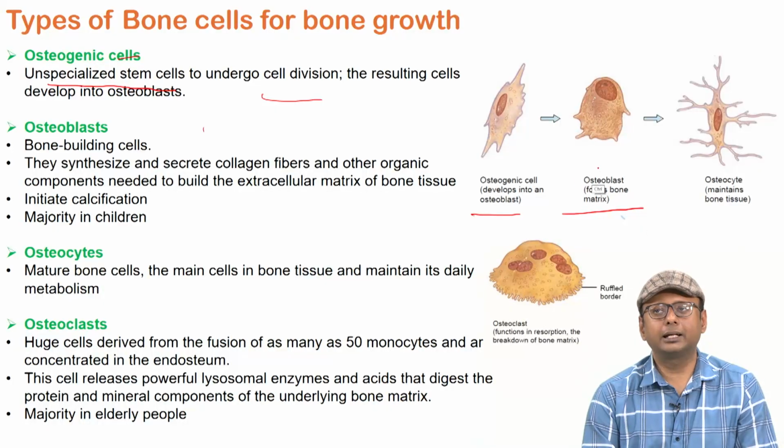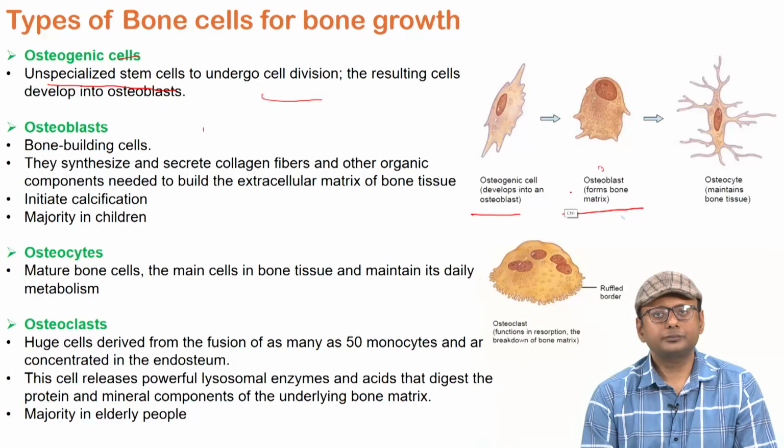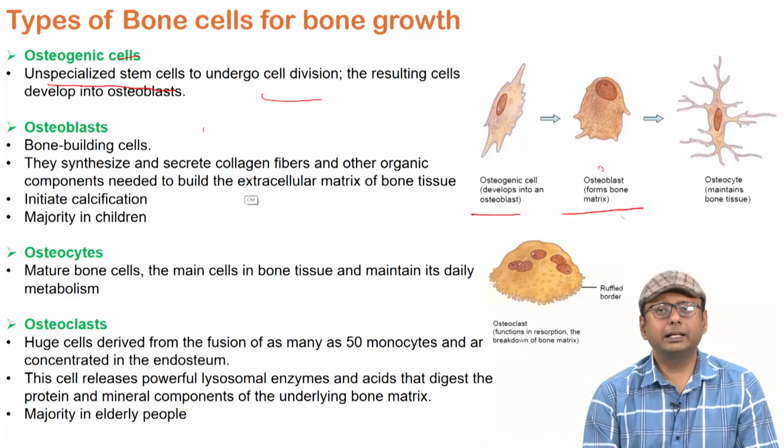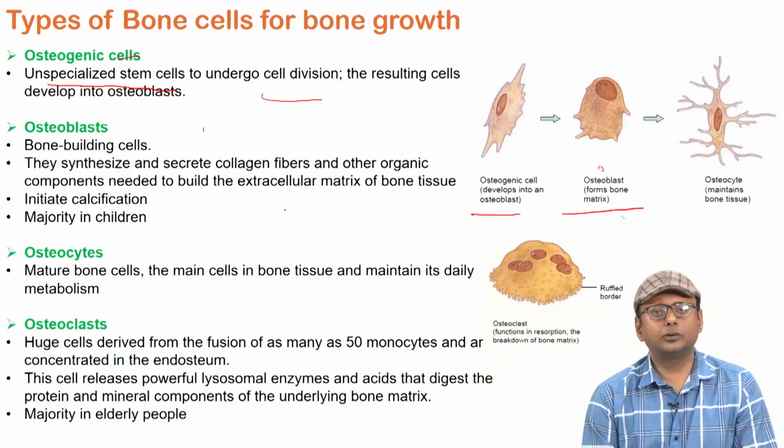This is the main structural forming cell of the bone, also called bone building cells. What do bone building cells, or osteoblasts, do? They synthesize and secrete collagen fibers and other organic components needed to build the extracellular matrix of the bone.